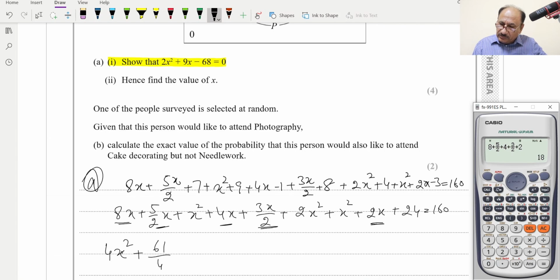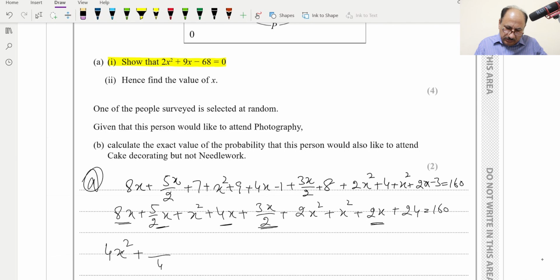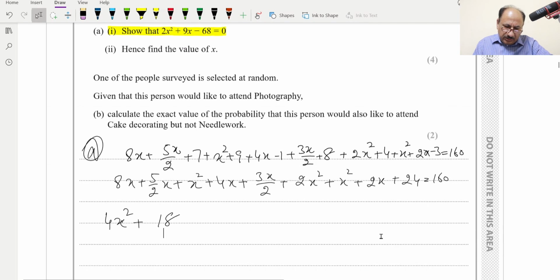So we made a mistake, it is 18. Thank God we double checked, otherwise we would be carrying forward this mistake. So it will be 18x, and the constant value is 24. So plus 24 is equal to 160.